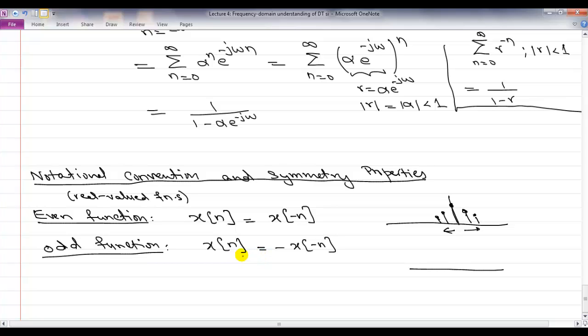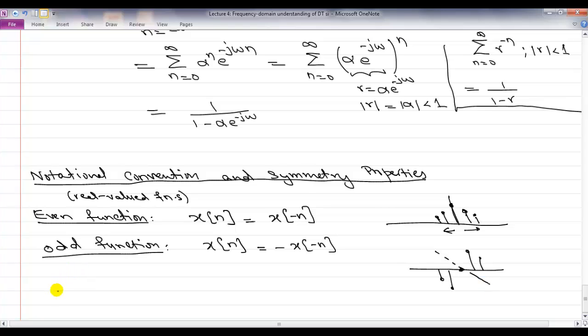So by this definition, if you put n equal to 0, then you have x[0] equal to minus x[0]. The only possible explanation for that is that an odd function has to have 0 at n equal to 0. So odd functions are always 0 at n equal to 0, and then they are mirror reflections of each other around this origin. You can think of this as the reflection axis.